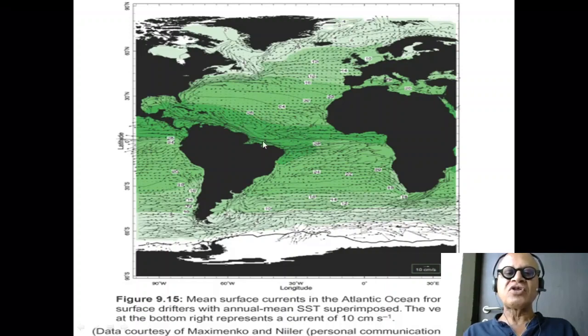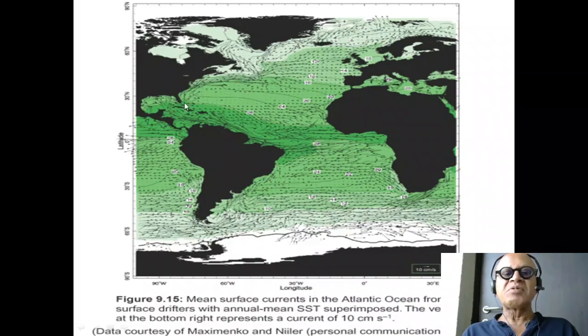Strong western boundary currents can be seen here at low latitudes going into the Gulf of Mexico, squeezing between Cuba and Florida, coming out as the Florida Current, and then you can see that it does go zonal and then splits off into northeastward currents going all the way here. Okay, and you have a separate Labrador Sea circulation and the Norwegian Sea circulation and so on.